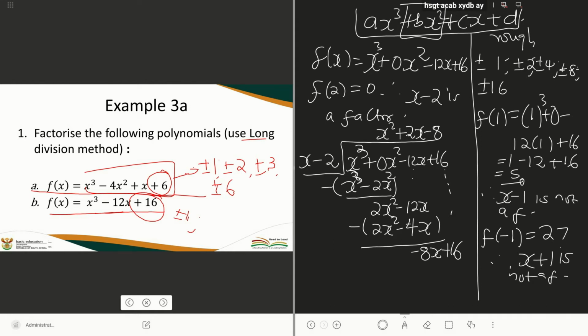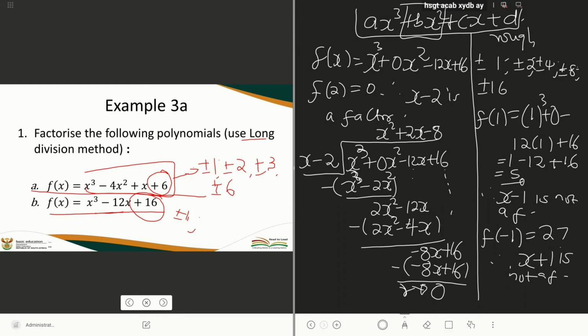Negative 8 multiplied by x is negative 8x. Minus 8 multiplied by negative 2 is going to be positive 16. Then you subtract your terms together. Negative 8x minus negative 8x is going to be 0. 16 minus 16 is 0. Therefore, your remainder is 0.